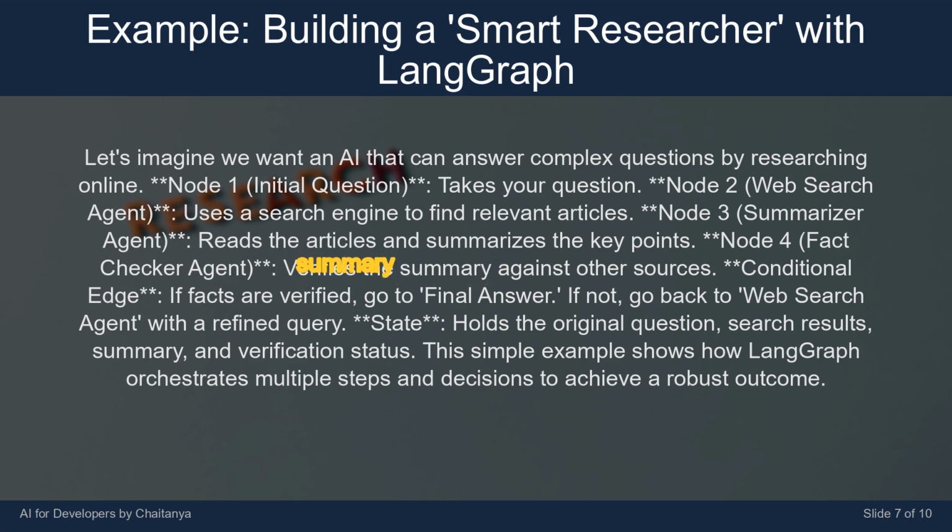Verifies the summary against other sources. Conditional edge. If facts are verified, go to final answer. If not, go back to web search agent with a refined query. State. Holds the original question, search results, summary, and verification status. This simple example shows how LangGraph orchestrates multiple steps and decisions to achieve a robust outcome.